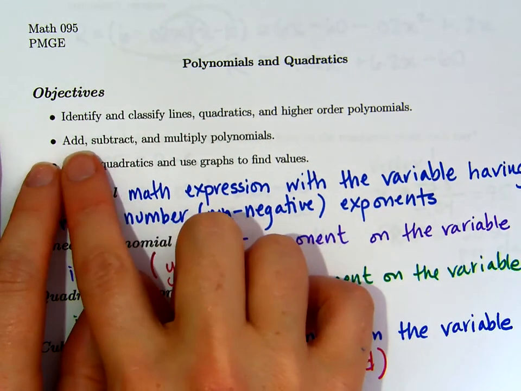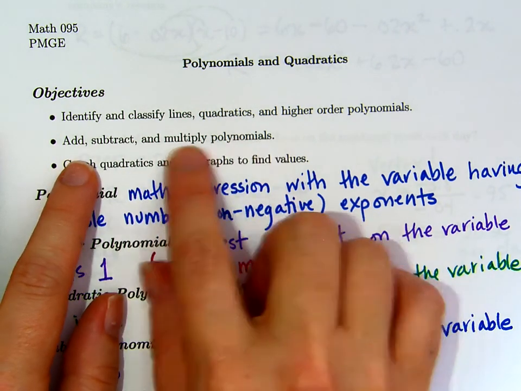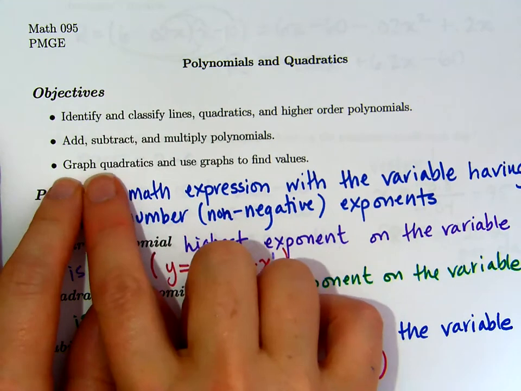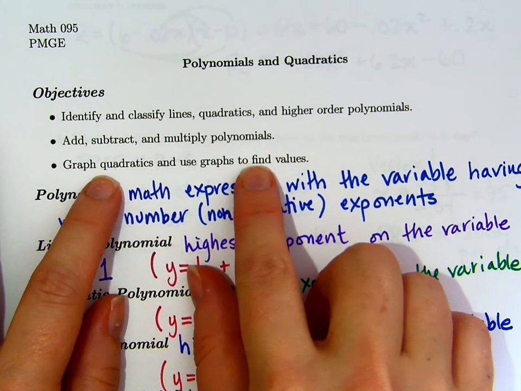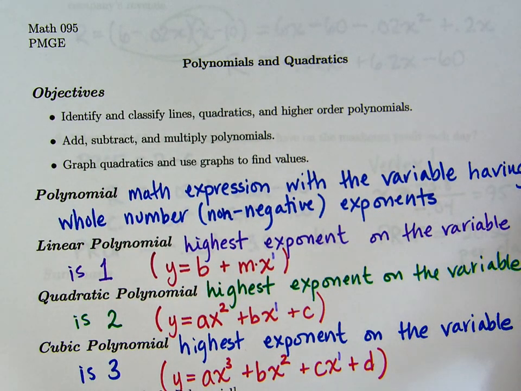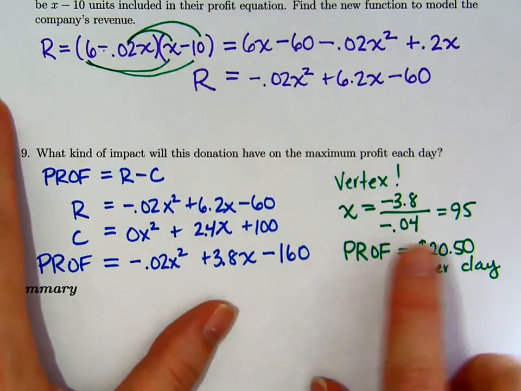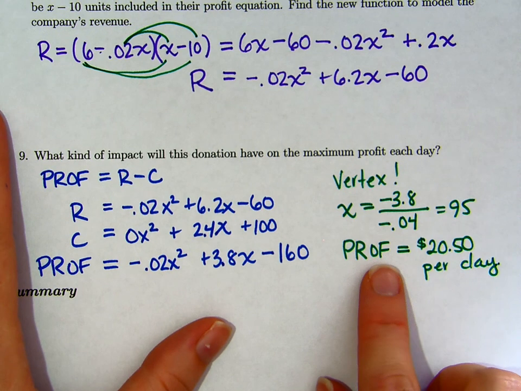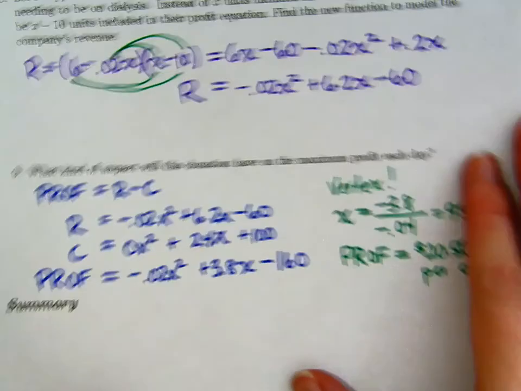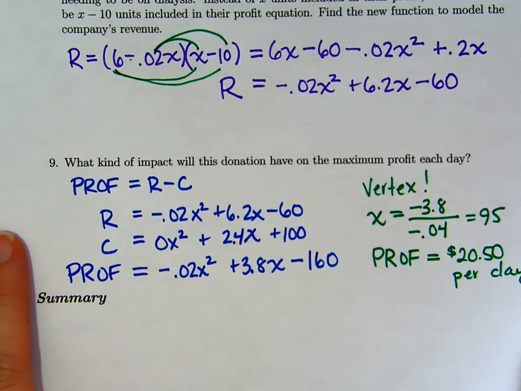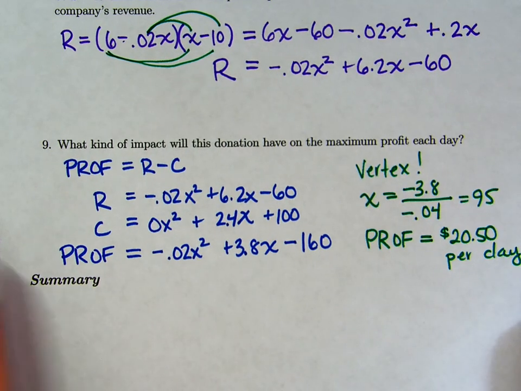We add, subtract, and multiply polynomials in order to apply them to situations. We also graph and use the graph to find values from time to time. Even though we maybe didn't explicitly do that, this was all based on the graph, yes? And we saw two pretty good applications where this is definitely used.